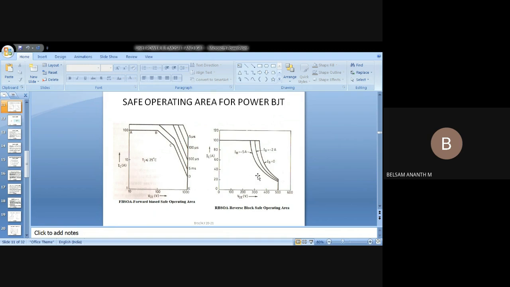Second, you have a drastic fall in the base current. There are three sets of curves on a single plot in the right side diagram. One is IB at 5 amps, the second is 2 amps, and the third is drastically reduced to 0.